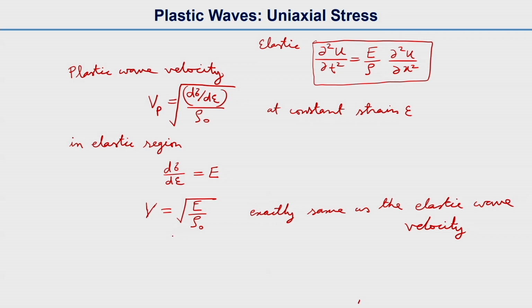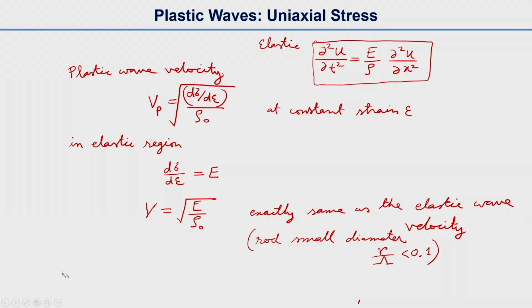These equations are valid basically for a rod or bar of small diameter, let us say for r divided by wavelength of 0.1. This is different from the elastic wave velocity in an unbounded medium.